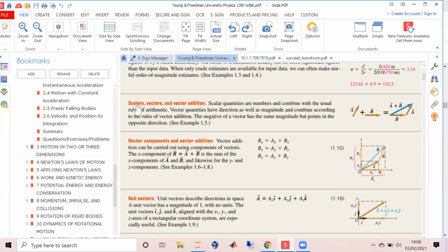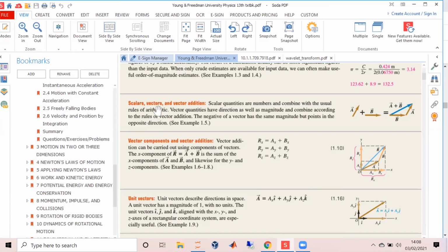Well, it's also important to understand the difference between scalars and vectors, right? For example, how would you measure temperature? You would measure it with degrees, right? Which is a scalar quantity. But once you go to vectorial quantities, they express not only a magnitude, but also a direction, right?